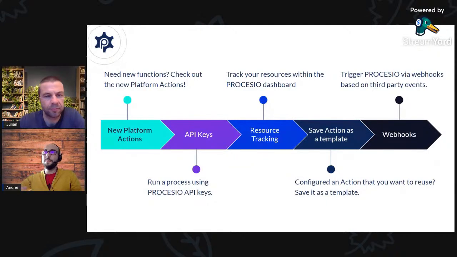On top of the API keys, further away, we are looking to implement the resource tracking, also a really important capability that we want to bring to you. This is mainly important because once you pay a subscription with us, you want to be able to track your resources, to see how many actions your processes are consuming and so forth.